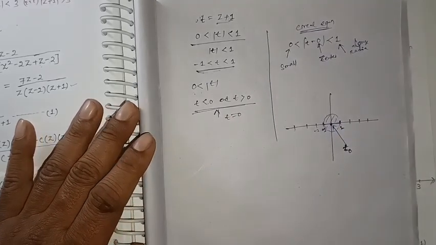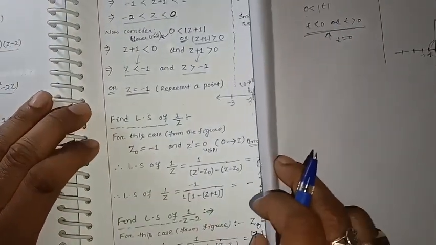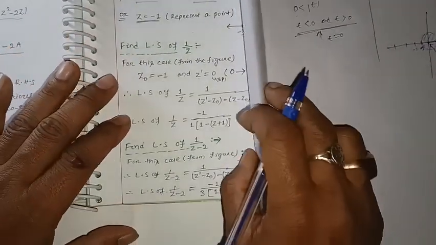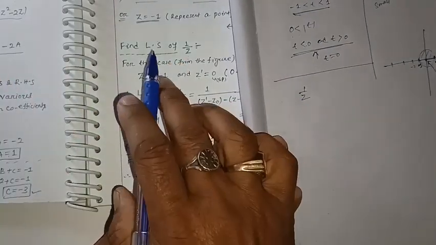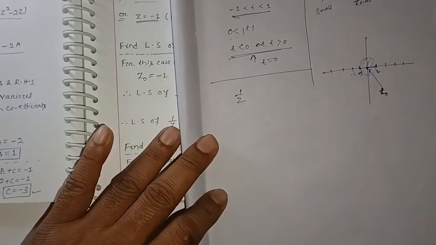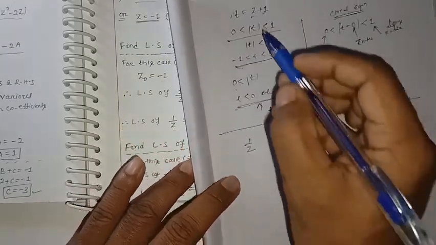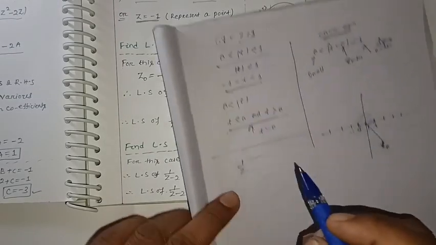Now I'm going to solve each and every function for you. Here you can see, I'm going to find the Laurent series of 1/z. So how are we going to do this? We considered t equal to z plus 1.